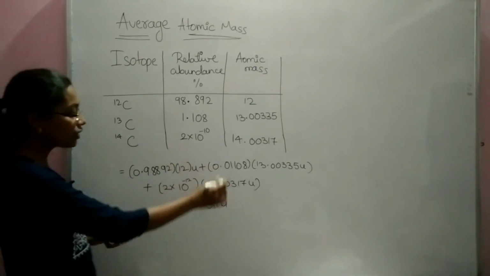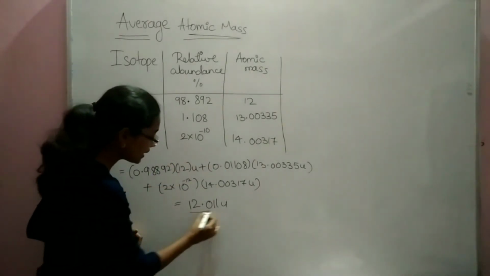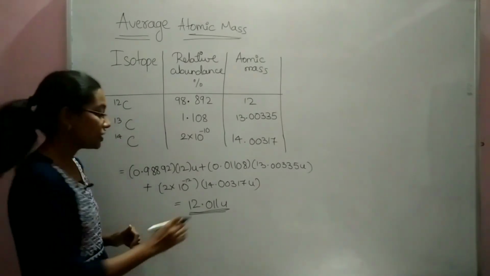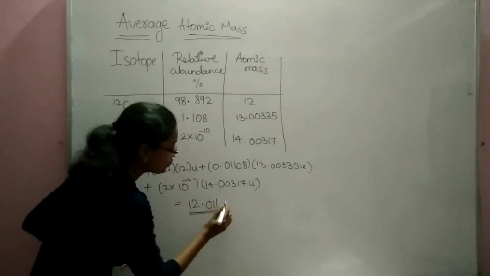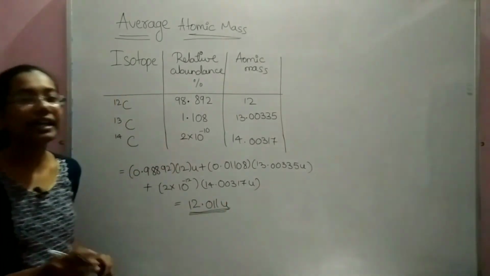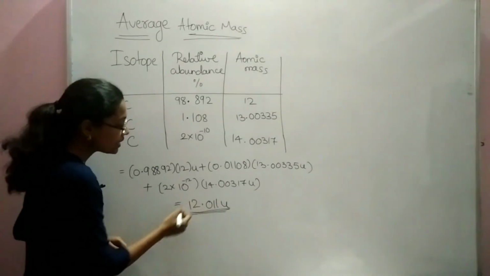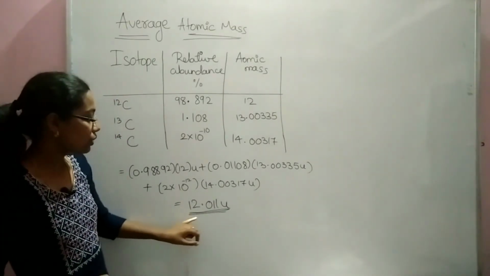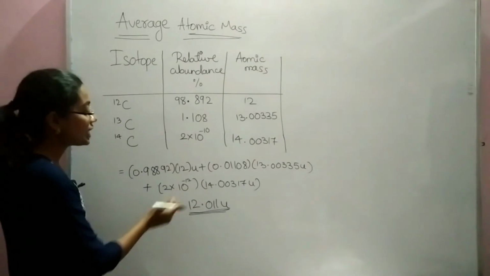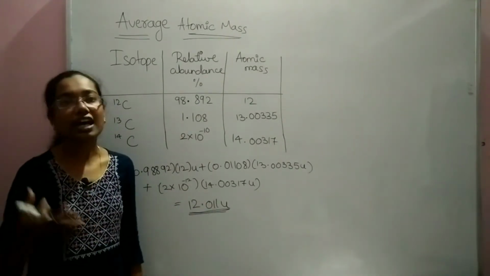By calculating all this, what we got lastly is 12.011 u, where u is the unified mass unit. So this is the average atomic mass of carbon.